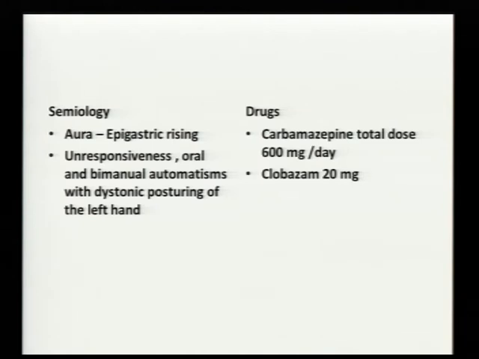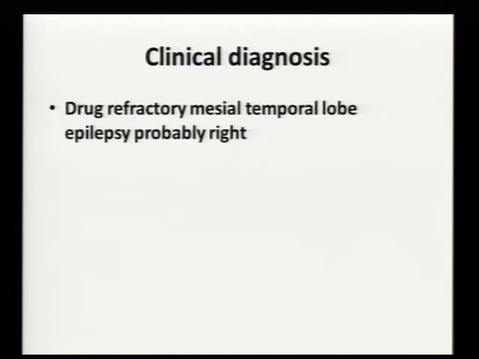She has an aura of an epigastric rising sensation, followed by unresponsiveness and oral automatisms with both hands, with some dystonic posturing of the left hand. She has been on carbamazepine 600 milligram per day and clobazam 20 milligram per day. So her clinical diagnosis is drug refractory mesial temporal lobe epilepsy, which is probably on the right side.